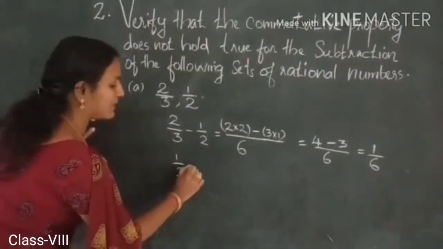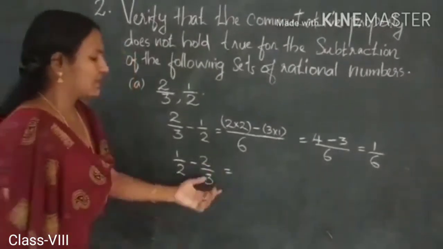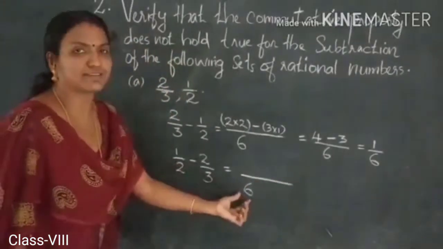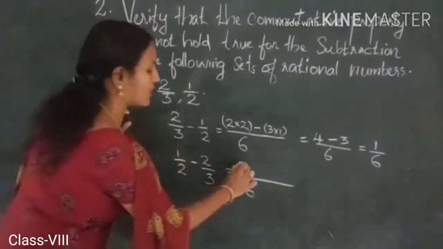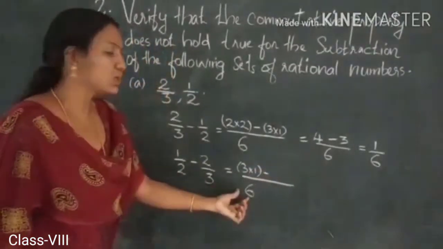Now 1 by 2 minus 2 by 3 is equal to, here the LCM is 6. How many 2s are in 6? 3 2s are 6. So 3 into 1, minus, how many 3s are in 6? 2 3s are 6.